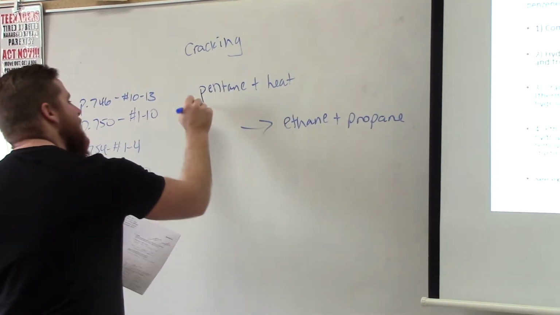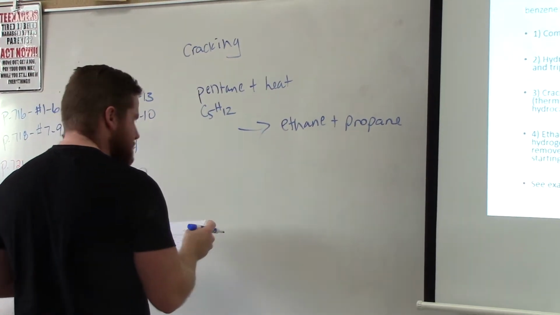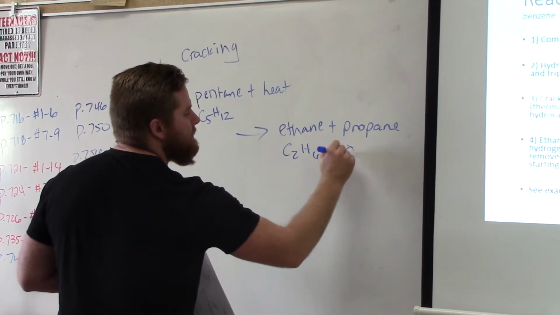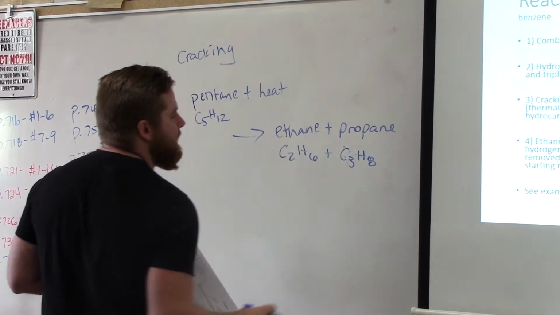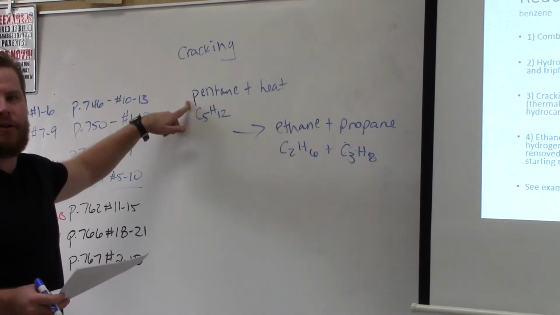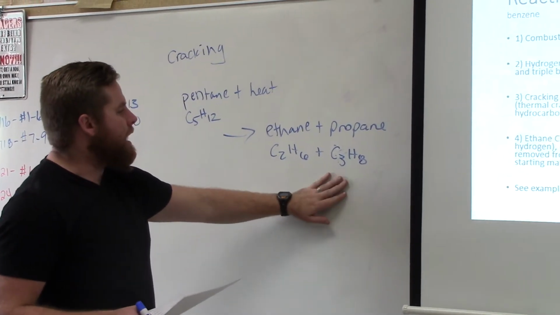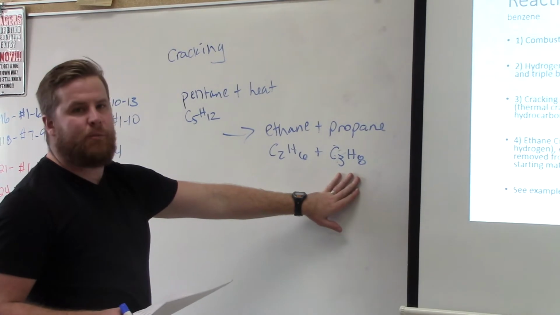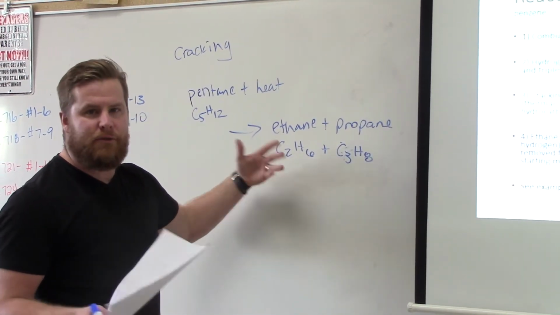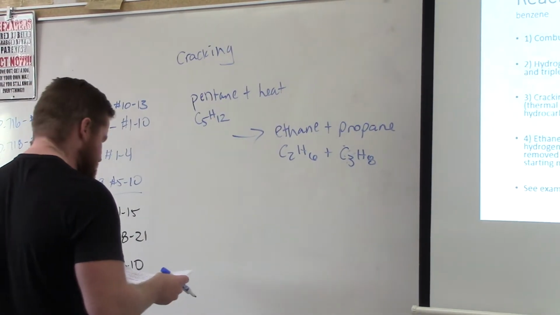C5H12 plus thermal heat makes C2H6 plus C3H8. If I'm going to extract natural gas, I could take the larger hydrocarbon and crack it into two smaller, more useful gases. Propane is obviously used for barbecues, and ethane is a component of natural gas in things like natural gas engines.